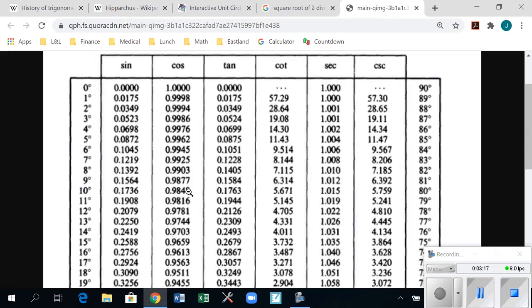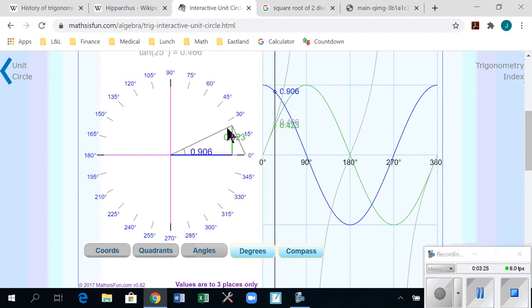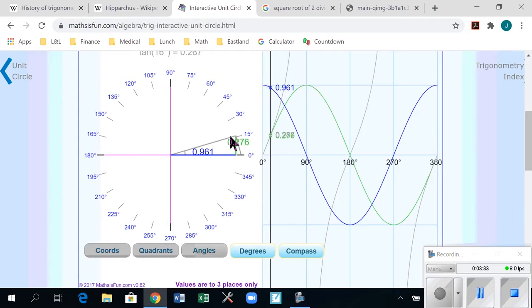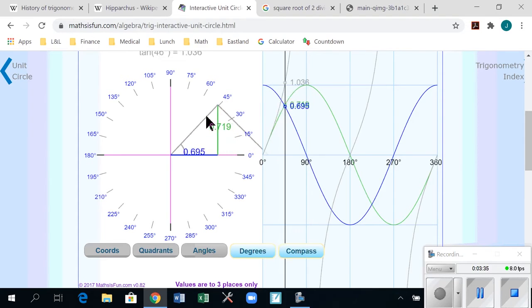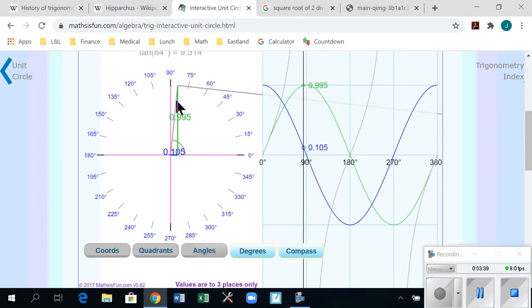The cosine table is very similar, although the cosine table is looking at this blue adjacent leg. And it's kind of the opposite of sine, because if your angle is really small, this blue adjacent leg is going to be really large. And as the angle gets larger, this blue adjacent leg gets smaller and smaller.